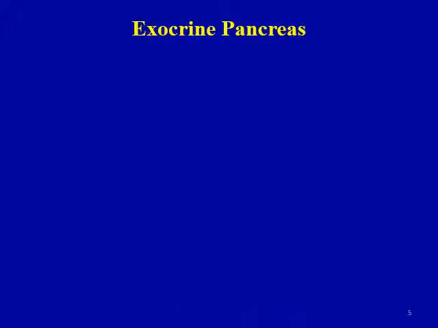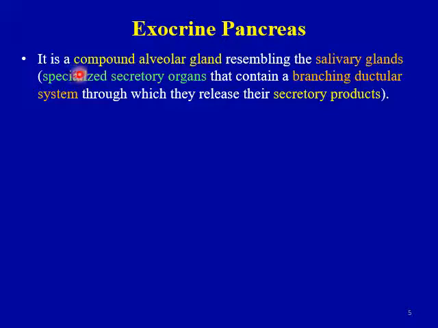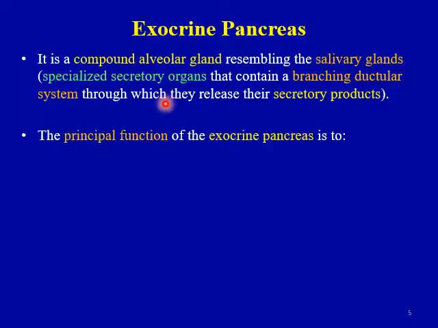On the other hand, the exocrine pancreas is a compound alveolar gland resembling the salivary glands, which is a specialized secretory organ that contains a branching ductular system through which they release their secretory products. In case of salivary glands, saliva is the secretory product, while in case of the exocrine pancreas, the product is the pancreatic juice.